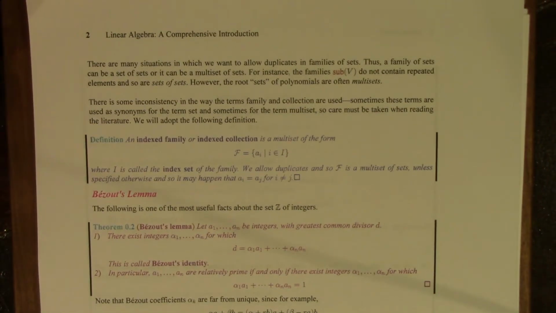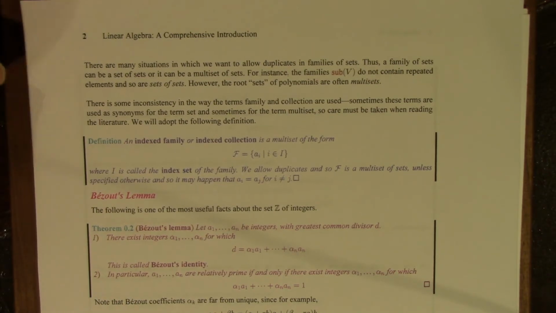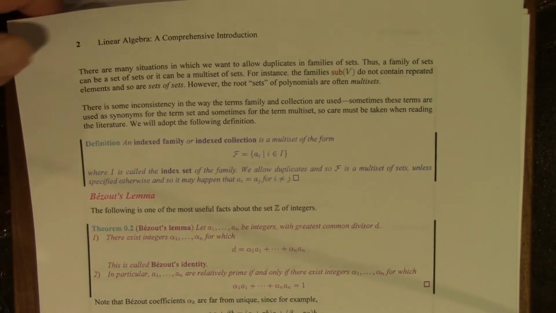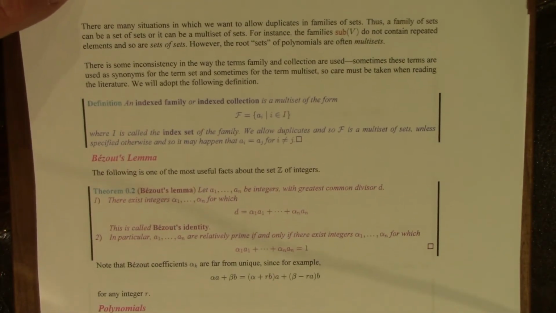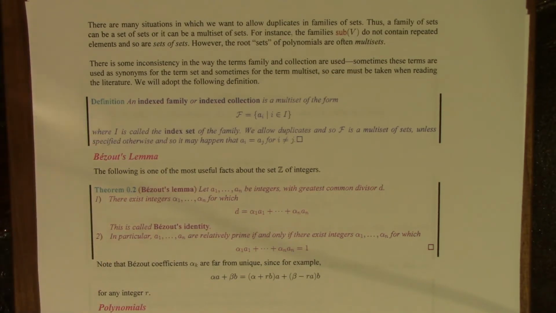There are situations where we want to allow duplicates in families of sets or families of any kind of elements. Actually, as I discuss in the transition course lectures, in mathematics, everything is a set, or what is referred to as a proper class, which we don't need to go into at this moment.